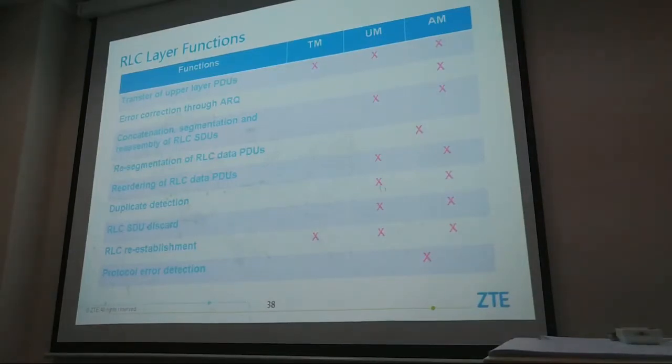And for error correction, only AM has error correction. For concatenation, segmentation, and reassembly, it's only used in UM and AM because TM is transparent. We don't process it. For TM, there is no processing.